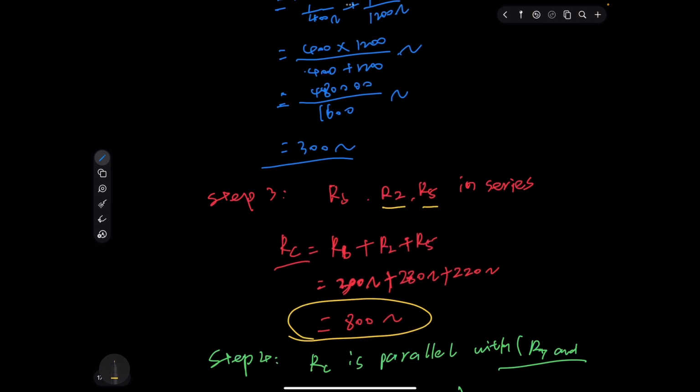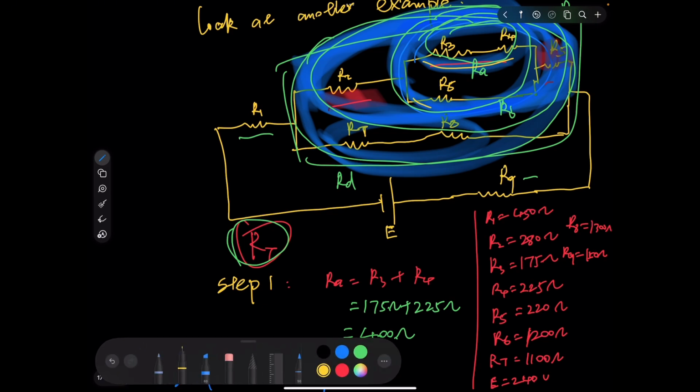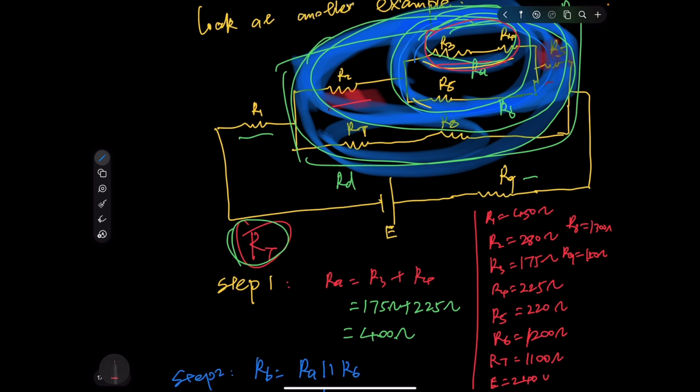R2, R5 in RB. RB is the parallel part on the top. So this is RA, RB is here. This is RA, which is R3, R4. I just write down RA for R3, R4. RB is for the part R3, R4 in parallel with R6. That's our RB.